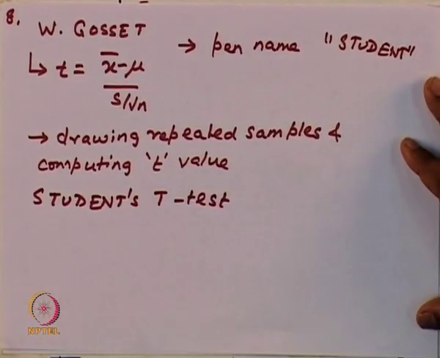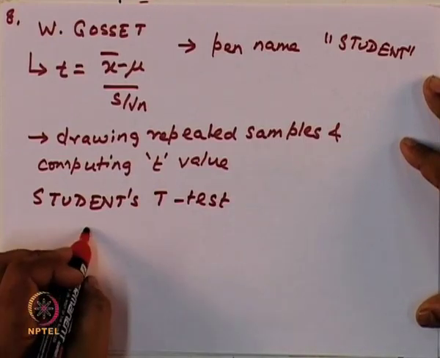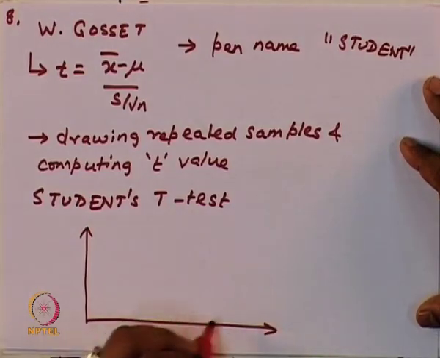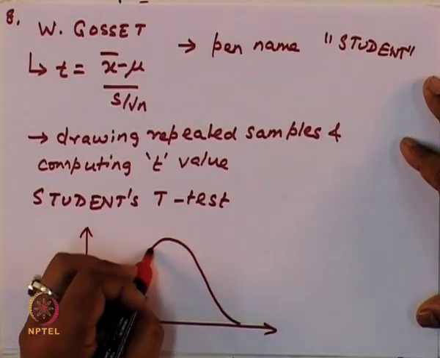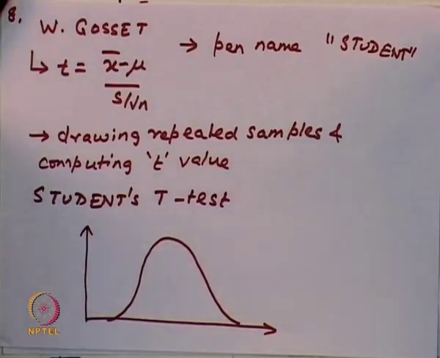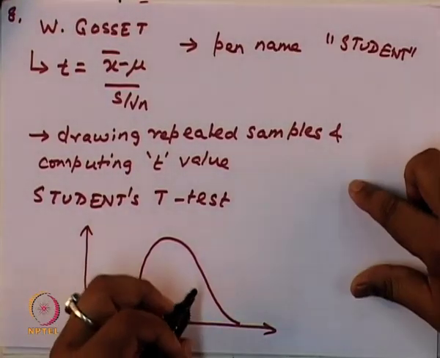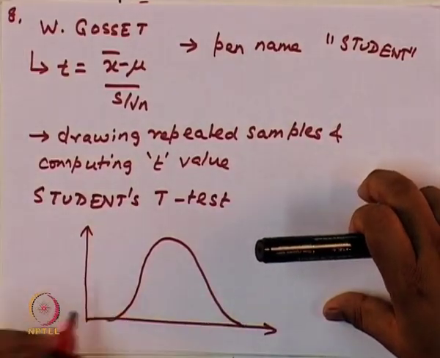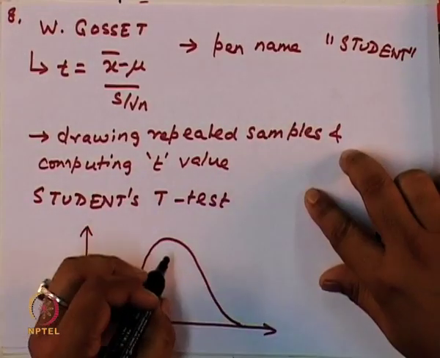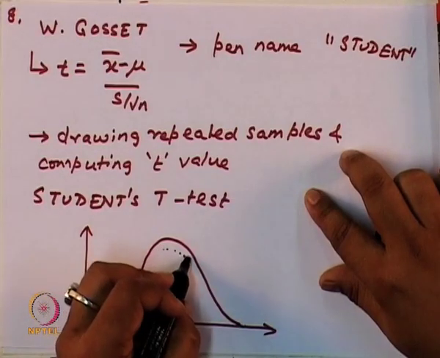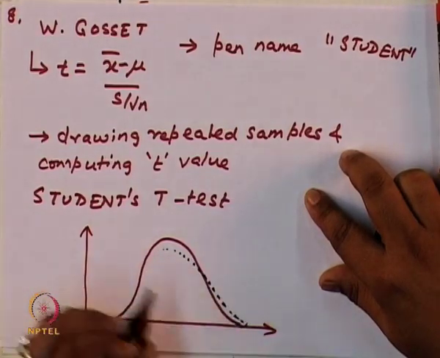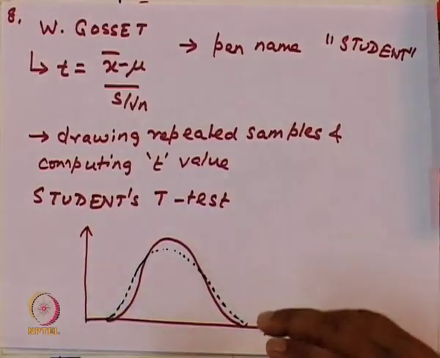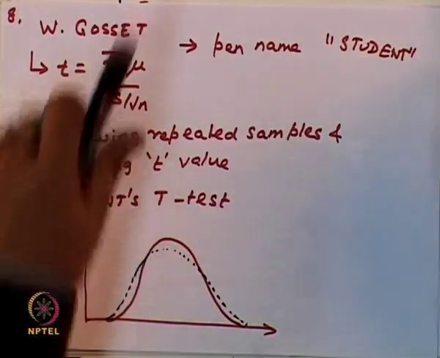How does the T distribution look like? If your normal distribution is like this, the T distribution is much flatter. The T distribution is also symmetric.